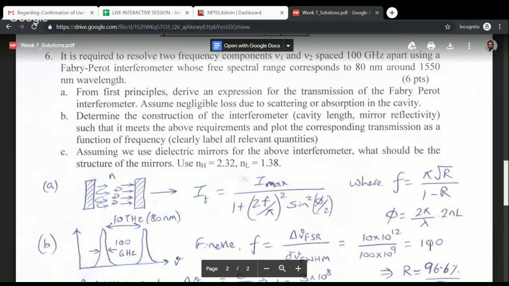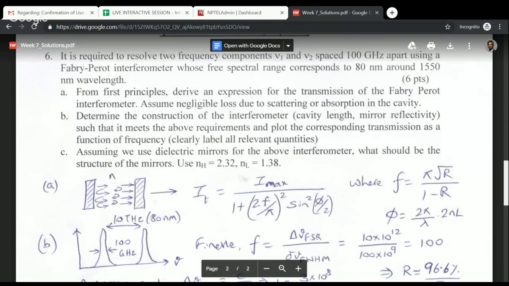And if you work backwards, finesse is actually defined by this expression, where R is the reflectivity of the mirror. So larger the mirror reflectivity, larger will be the finesse. That's what this is representing. So if you plug 100 back into this and do a little bit of manipulation, you will find that the reflectivity is approximately 97%.